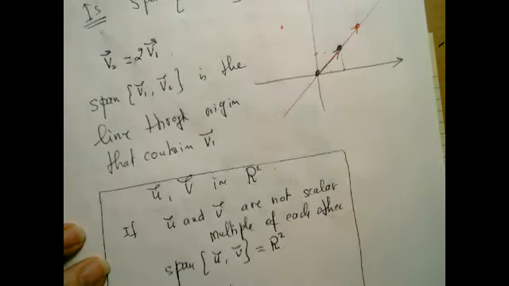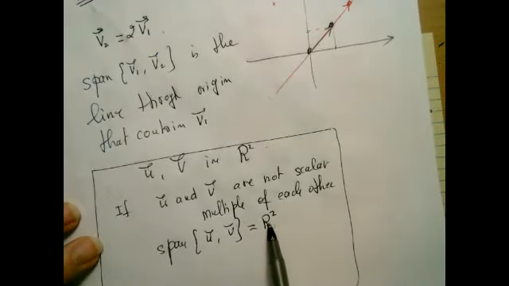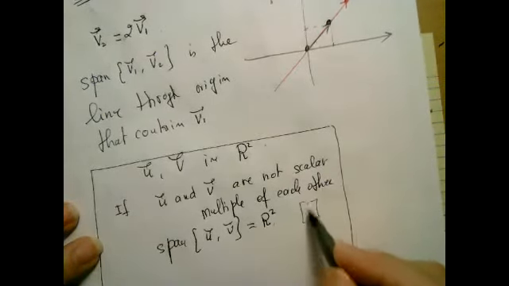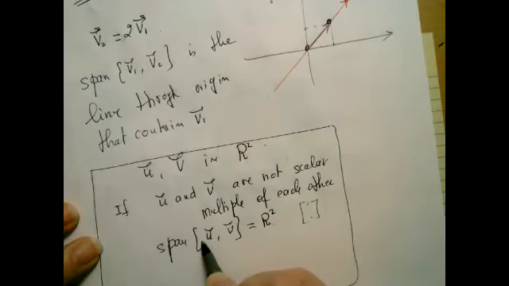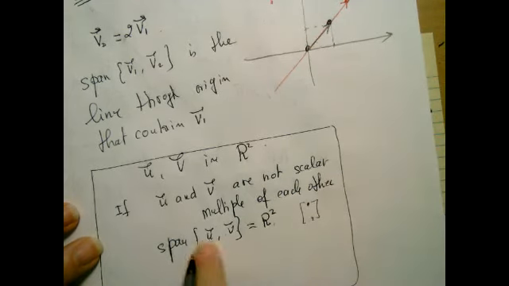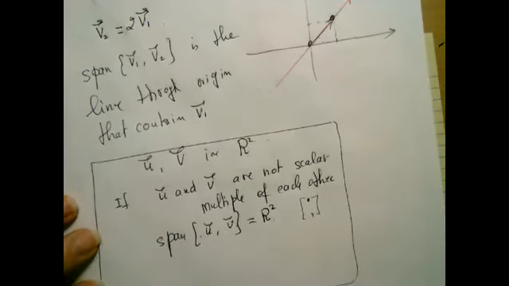I want this to be made clear. It means everything in R2 can be written as their combination. It means if I take any 2x1 matrix, I can write it as a scalar multiple of U plus a scalar multiple of V. That's really what I mean. Any 2x1 matrix could be written as a combination of those.